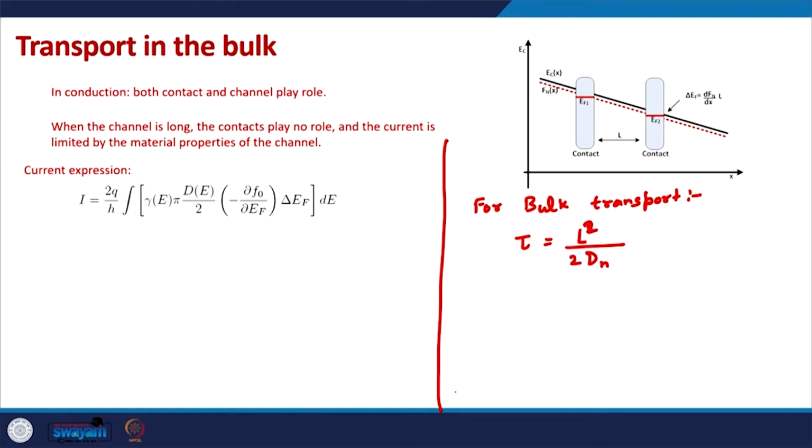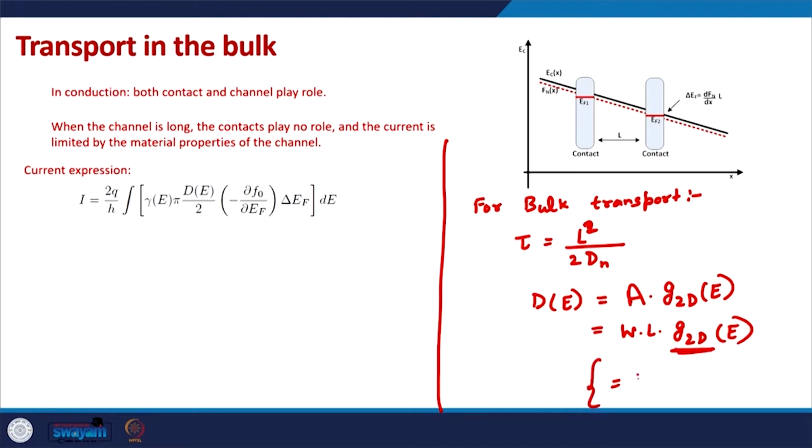If we take a 2D conductor, in that case this D E can be written as area times the density of states, or W times L times G2D(E). In some texts it is also written as W times L times D2D(E).